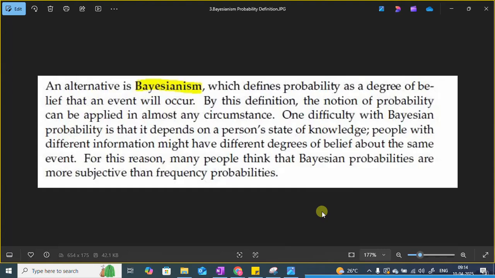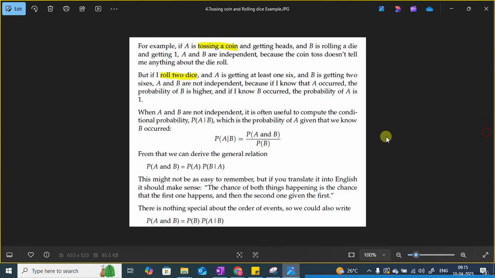One difficulty with Bayesian probability is that it depends on a person's state of knowledge. People with different information might have different degrees of belief about the same event. For this reason, many people think that Bayesian probability is more subjective than frequentist probability. So what is that? We'll see a little bit going ahead.